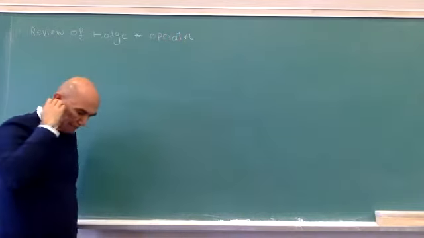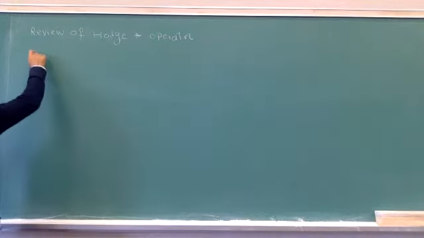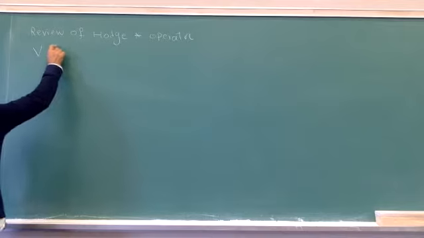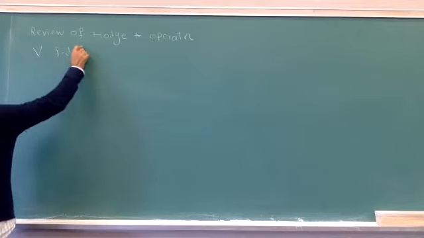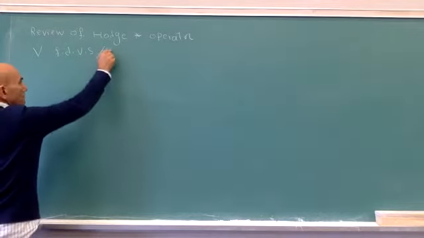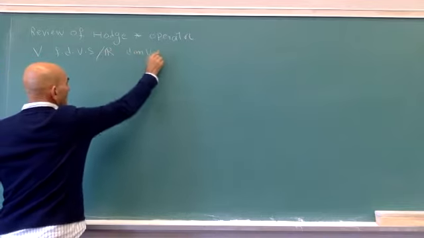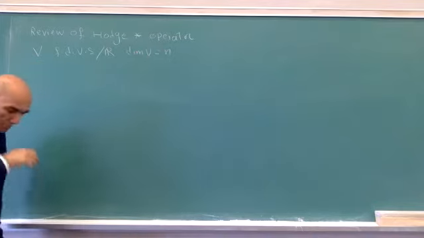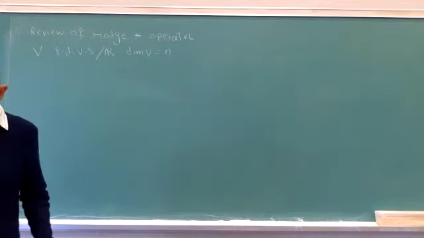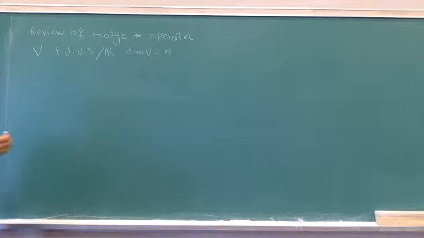So what's the point? Imagine you have a finite dimensional vector space, say over R, and imagine its dimension is n. Then we know that wedge P of V and wedge n minus P of V have the same dimension.